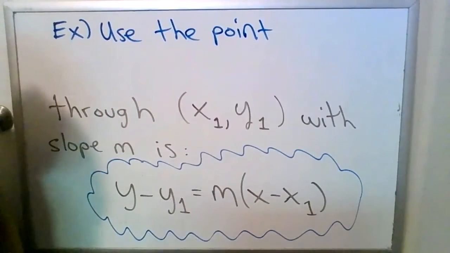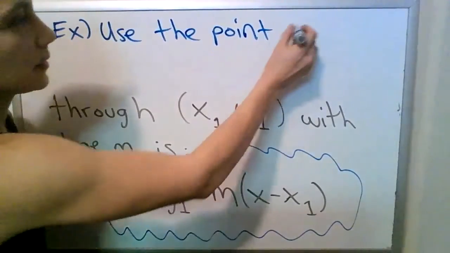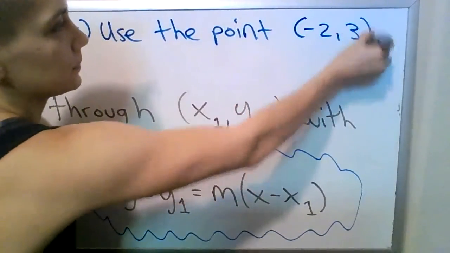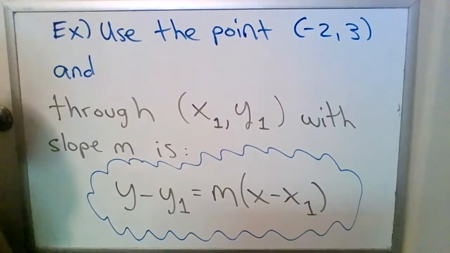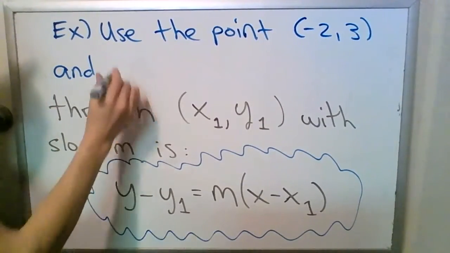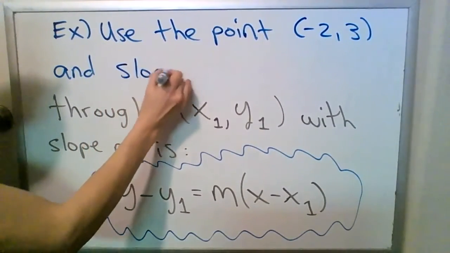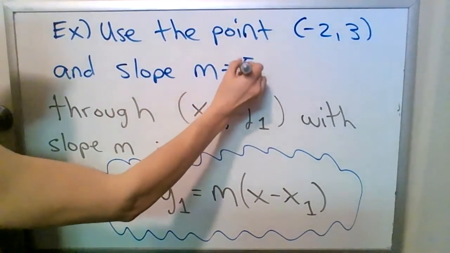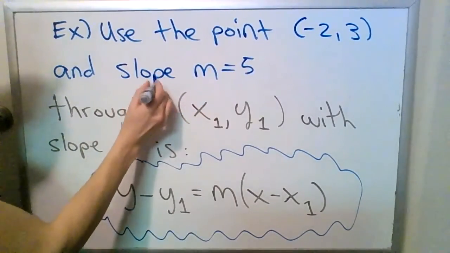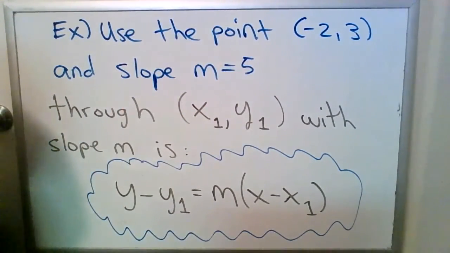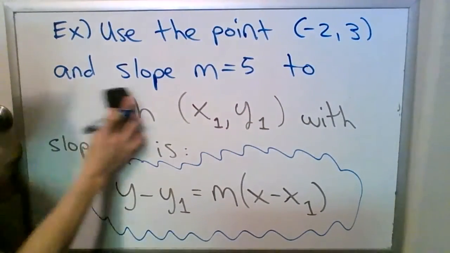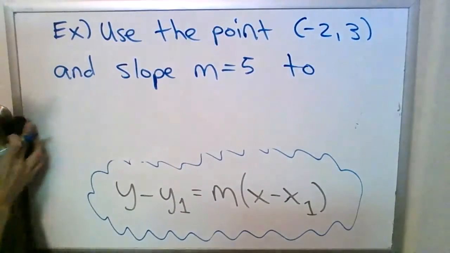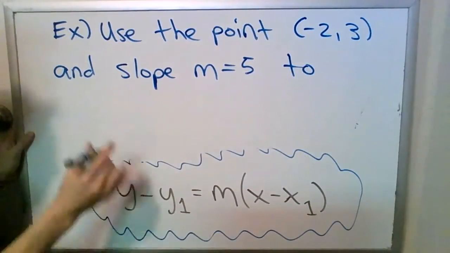We're going to use the point -2, 3 and slope of m equals 5 to find the equation of the line that satisfies those conditions.